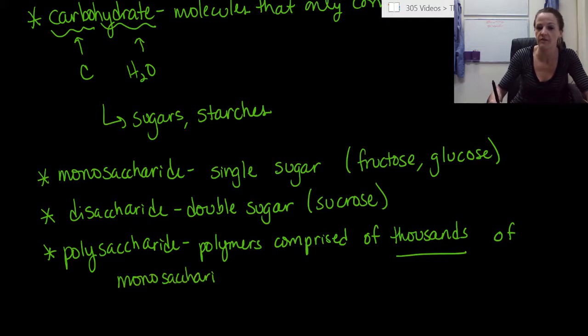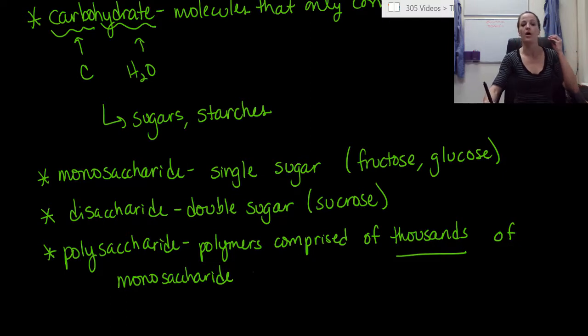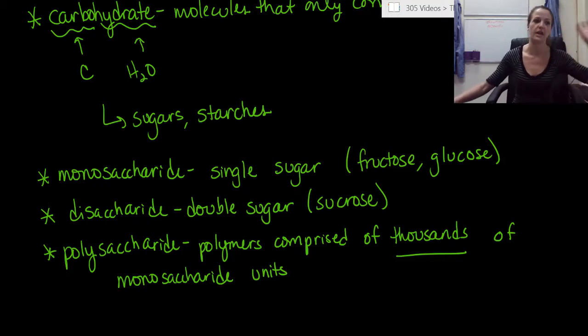Okay, so just if you have any context with polymers at all, polymers meaning poly, many species put together, and it's always put together of monomers, so monomers meaning the single unit. So sometimes you'll hear polysaccharide described as that. It's a polymer that's comprised of a lot of different monomers, meaning the monosaccharide unit. So just so you have some context if you ever hear these words outside of our course.